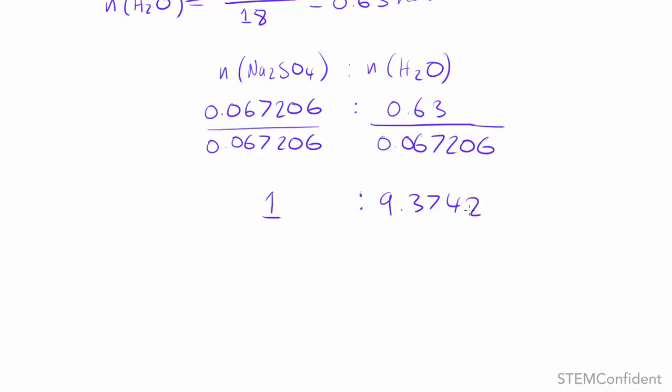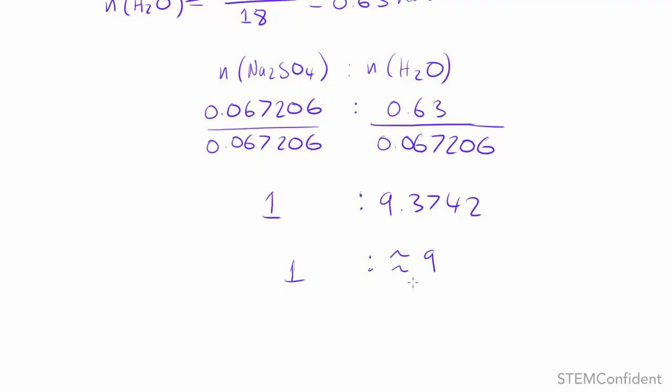Now, at this stage I'm going to round the value of this to the nearest integer value, which in this particular case means rounding it down. Effectively that's going to be 1, in a ratio of what approximates to 9 after we've rounded it.